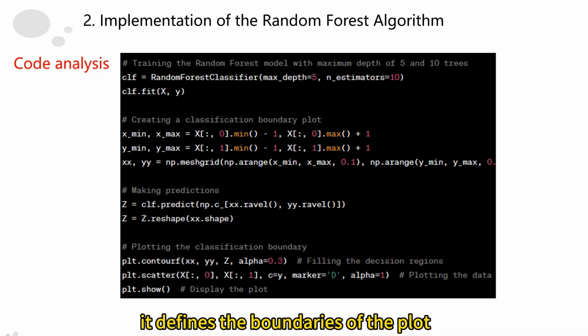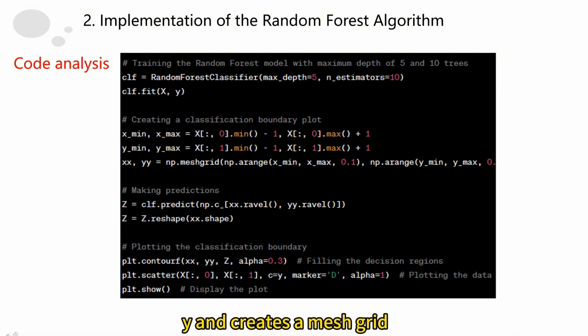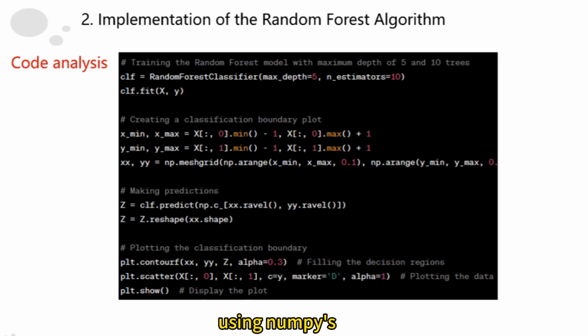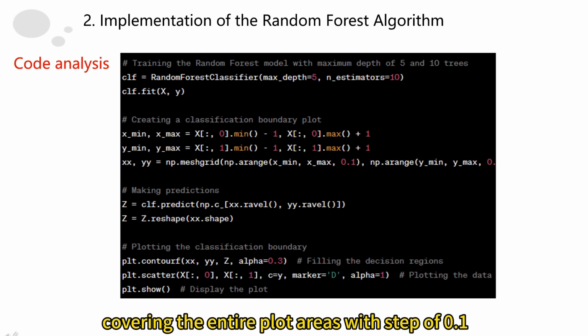It defines the boundaries of the plot by calculating the minimum and maximum values of X and Y, and creates a mesh grid using NumPy's meshgrid function, covering the entire plot area with a step of 0.1.